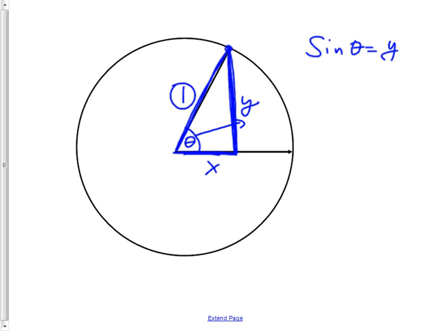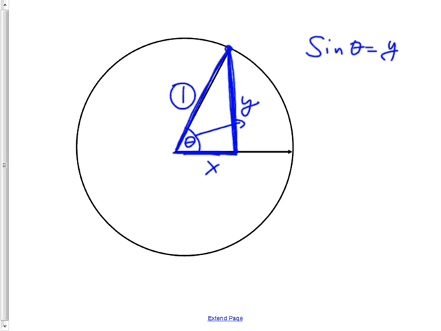So the sine of the angle is the same as the y height of that point. Now, a lot of things you can in the end memorize a trick that helps you remember it. And I've got a good one.